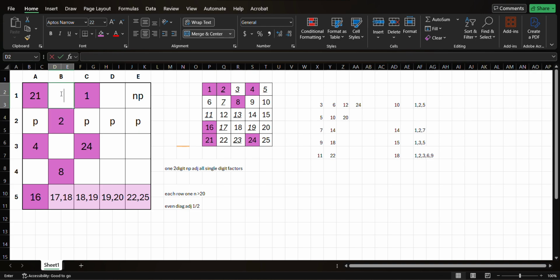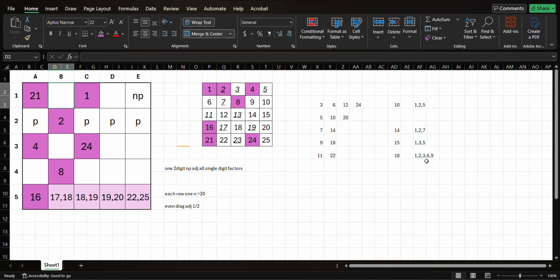So, for instance, if this was a 10, we'd have 1 and 2 already, but we'd have to have one of these two numbers be a 5, which would work because 5 is prime. If that was a 14, it's the same situation, but instead of a 5, we'd need a 7. And if it was a 15 in there, we could have a 3 and a 5, so that could work.